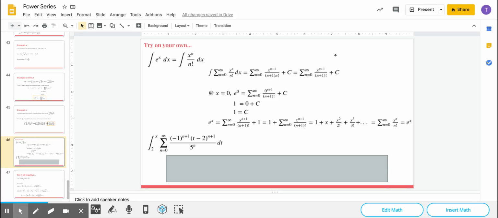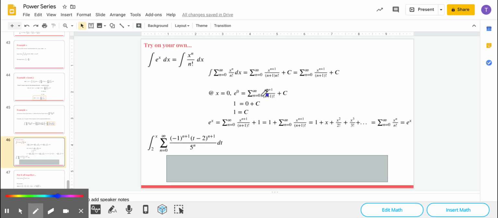Okay, so I have this plus c. So now I have to work on finding plus c. Again, we talked about what value of x should you choose. Always choose the center value. It's a Maclaurin series. The center value is always 0. So if I plug in x equals 0, what do I know? Well, I know the integral of e to the x is e to the x. So I can plug in 0 for x. So e to the 0 is equal to the infinite series evaluated at x equals 0, which really just gets rid of this whole part, right?